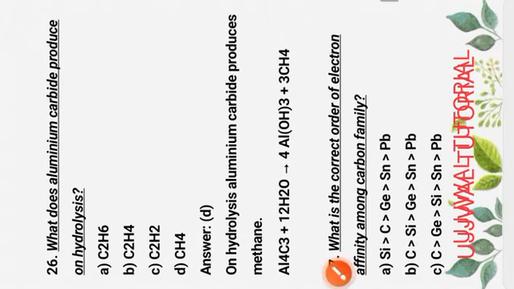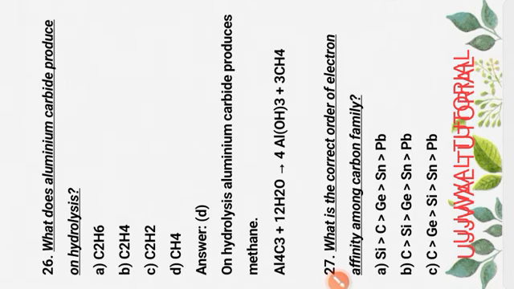Next question, question number 26. What does aluminium carbide produce on hydrolysis? This is option D, methane, CH4.